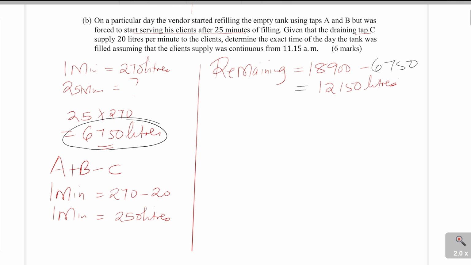And now this is the part that is to be filled when the three taps, A, B and C, are running. So in 1 minute, A and B and C are able to fill 250 liters. So how long will it take to fill the remaining 12,150 liters?